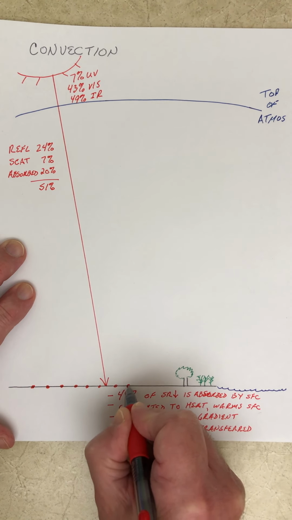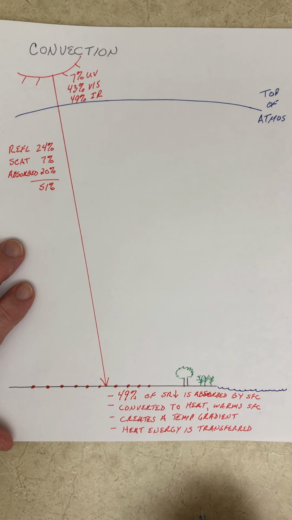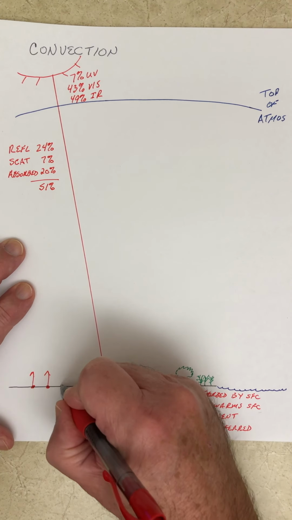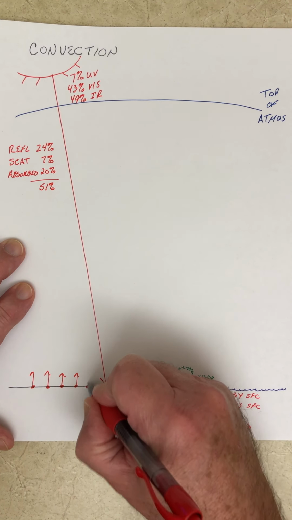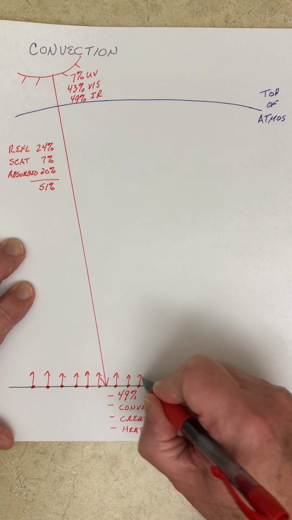Okay, so heat energy here in this diagram is concentrated near the Earth's surface, creating a temperature gradient, and so we're going to transfer that heat energy into a thin layer of air that's in contact with the ground.